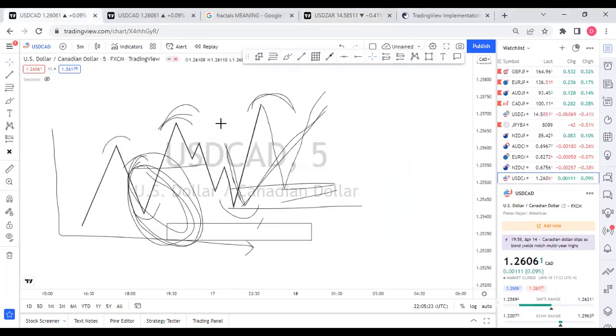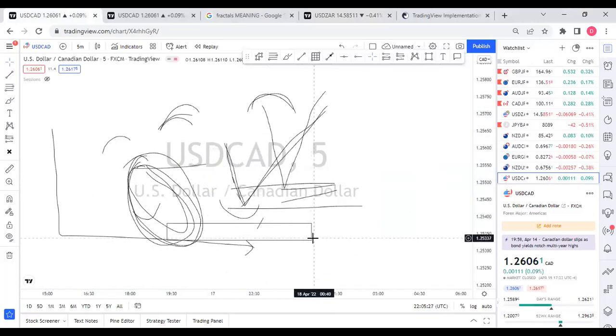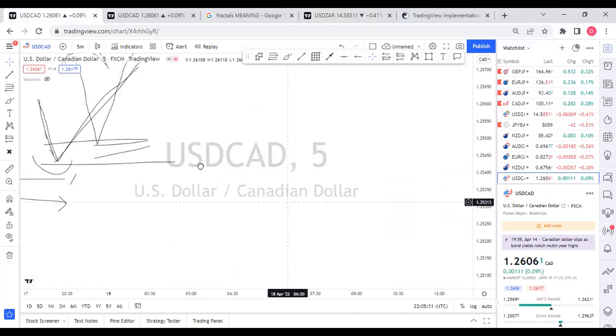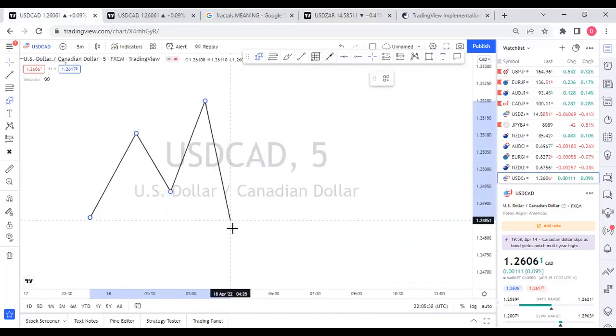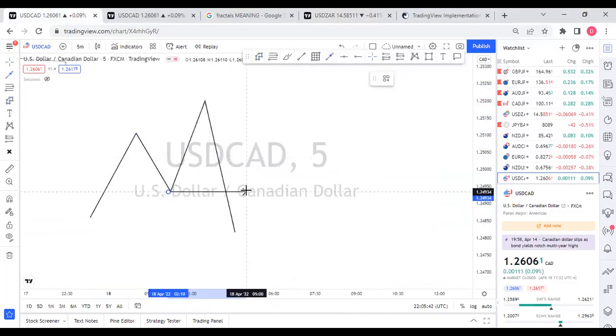So just for clarity's sake, let me do a quick recap of this whole thing. So we have higher high, higher low, higher high, break of structure as what? Distribution, all right?